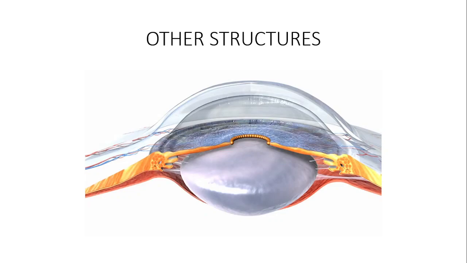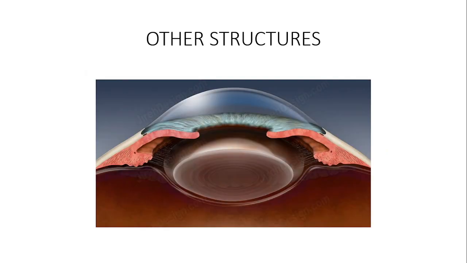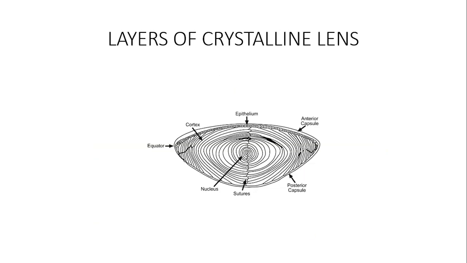Okay, remember that the crystalline lens has sutures. I'll show you one very soon. Look, this is a suture. Look at a suture line within the crystalline lens. Okay, all right. So when you examine a patient, you realize that there are two major ones that you can see.